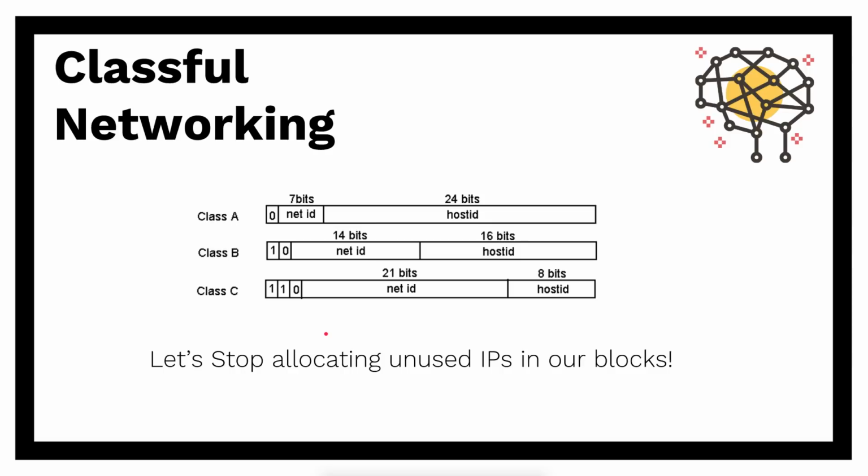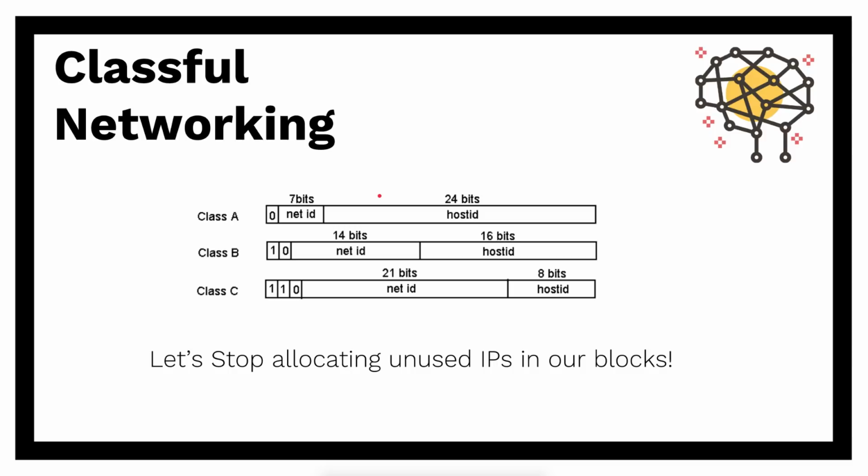Before we go too deep, I'm just going to quickly touch on the idea of classful networking. In classful networking, we essentially have 3 classes, A, B, and C. We'll see that the first 8 bits here are used up, and the remaining 24 are left for the host ID. This is what's known as a /8 block. Now, if you don't know what that means, we'll dive into it in much more detail in the coming slides.